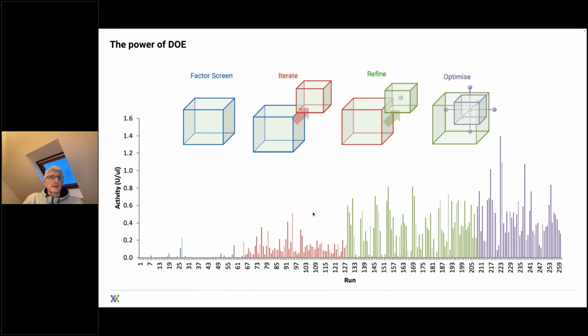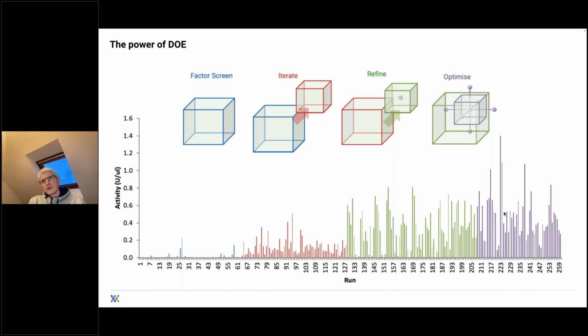This is still one of my favorite case studies, where we can see that as we go through iterations of design of experiments in the same system, where we're exploring design space by exploring a particular region and then realizing that if we move the cube, then we should get a better response and so on, and walking our way through a system, you can see from the results that we go from week 1 in the blue here, where we did manage to achieve a bit of expression, all the way to week 4, where that expression is unrecognizably high.